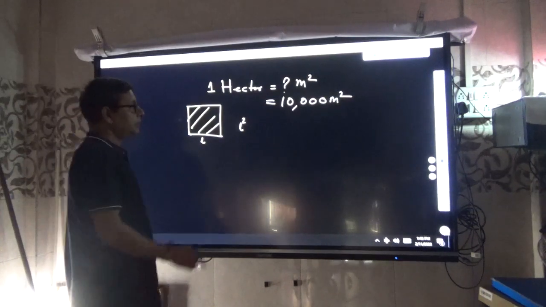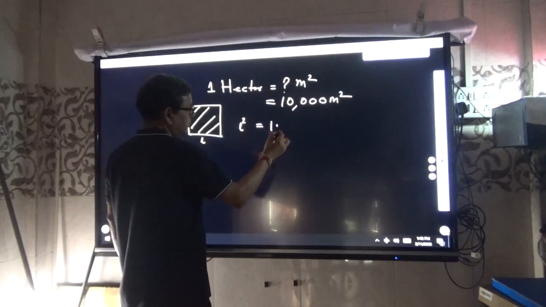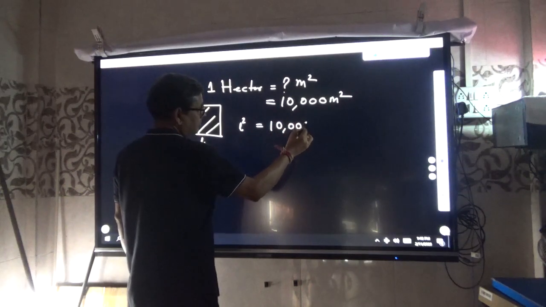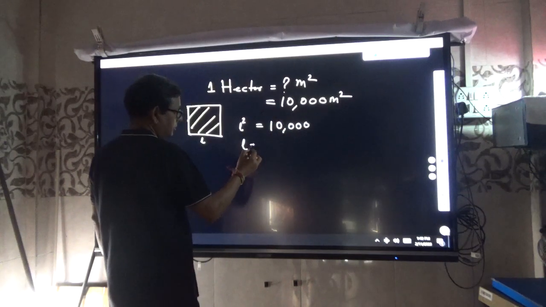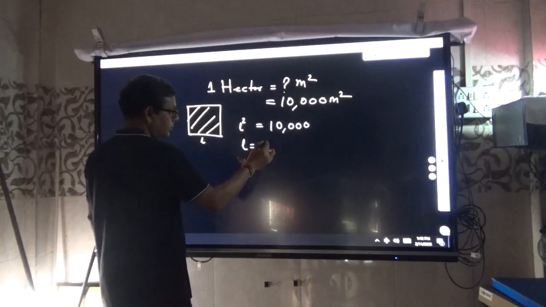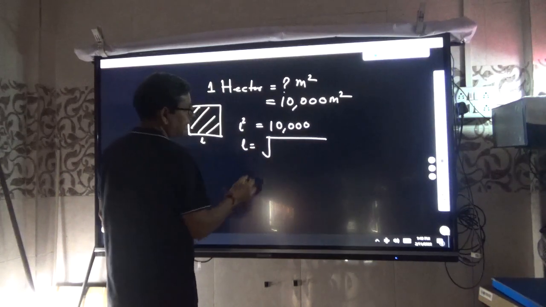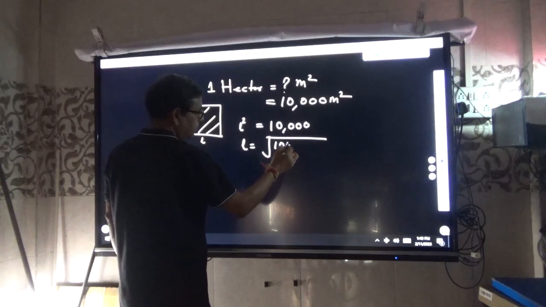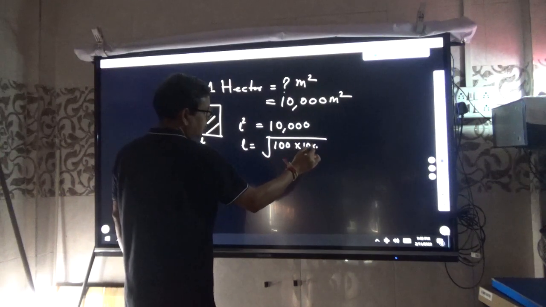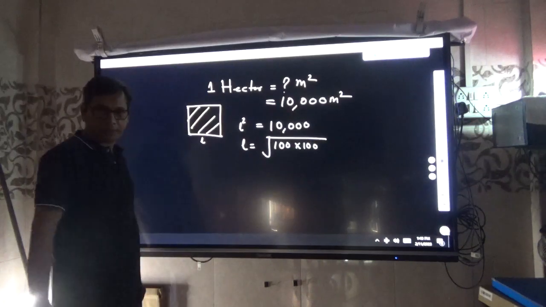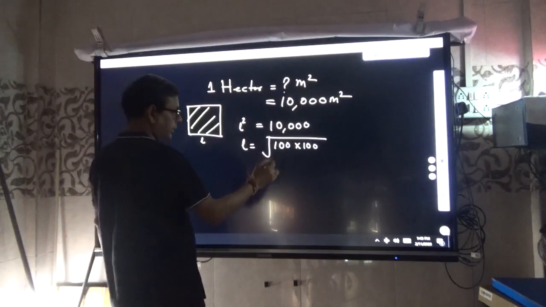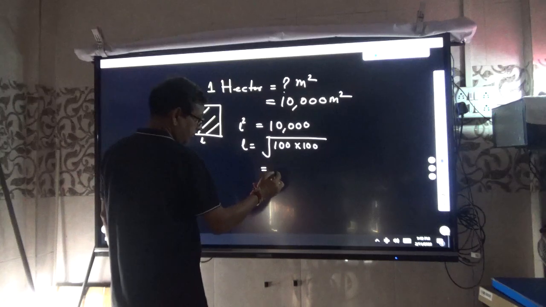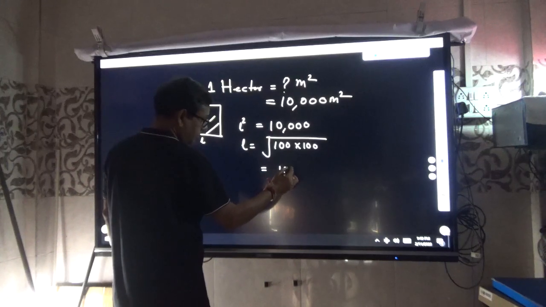L into L equals 10,000. So what is L? Once the square goes to the other side, it becomes square root. So you can write 10,000 as 100 into 100. So inside the square root you have 100 square.